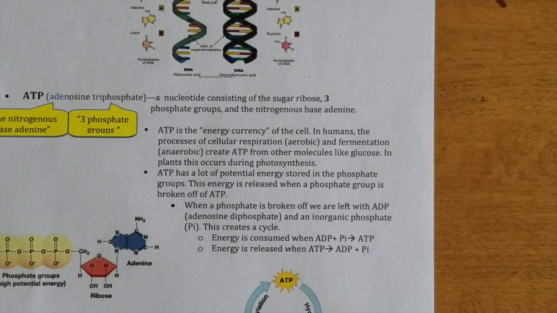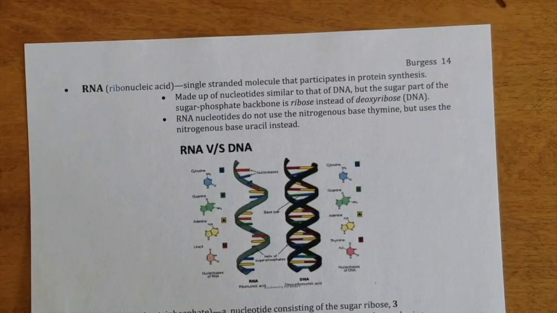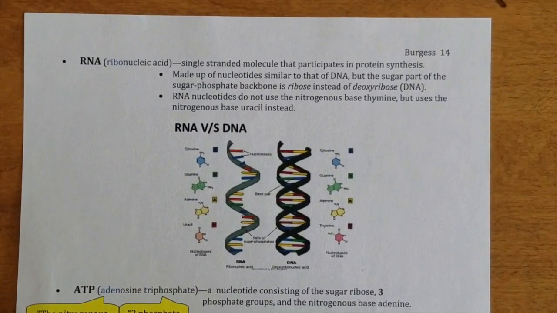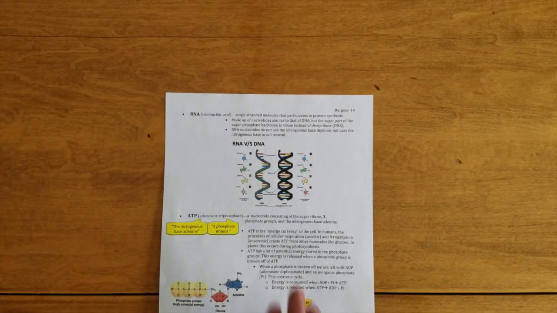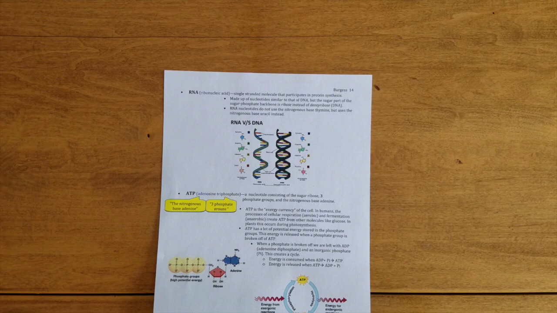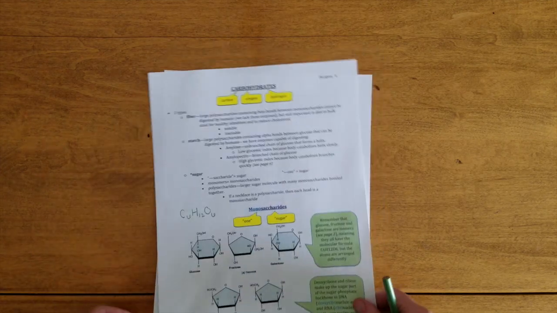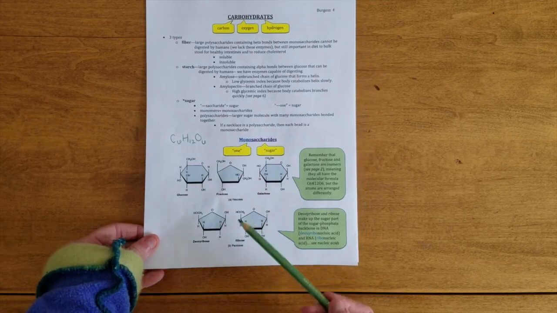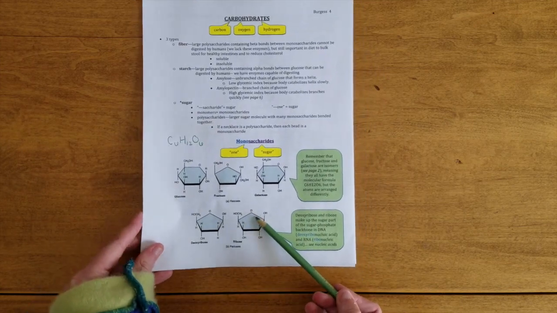Then last we have RNA. RNA stands for ribonucleic acid. The ribo part of that word comes from the sugar ribose. So ribose is the sugar that makes up the nucleotides in RNA.